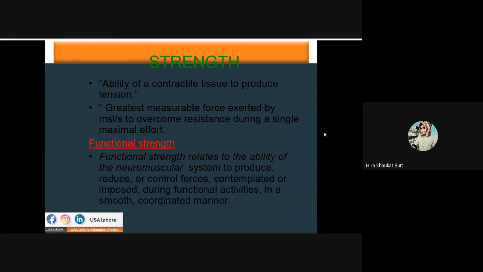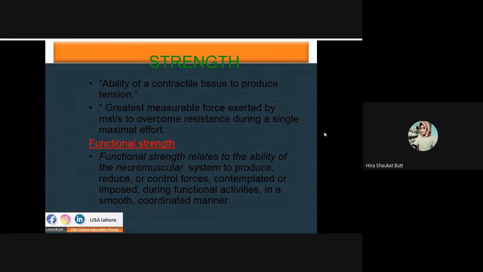Or you can also say specifically, this is the greatest measurable force that can be exerted by a muscle or muscle groups to overcome resistance during a single maximum effort. So this is the definition of muscle strength.